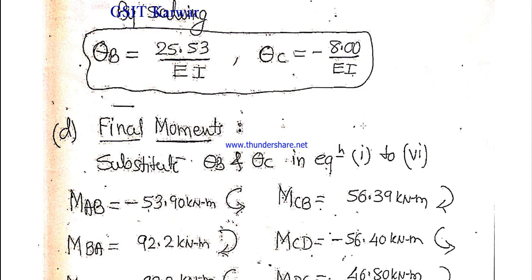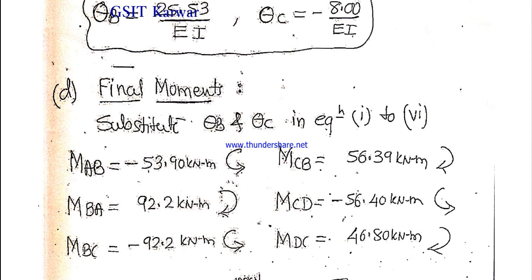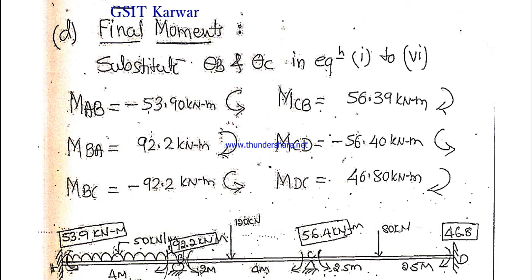Theta B and theta C values we know now, so you can directly substitute and calculate moment AB, BA, BC, CB, CD, and DC. You are getting these answers. You can calculate individually using your calculator and cross check these answers.